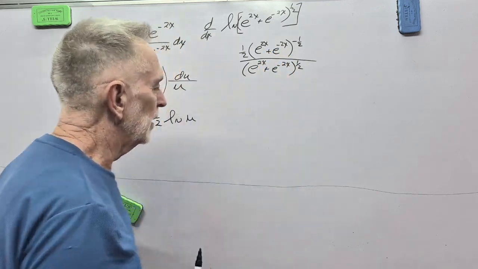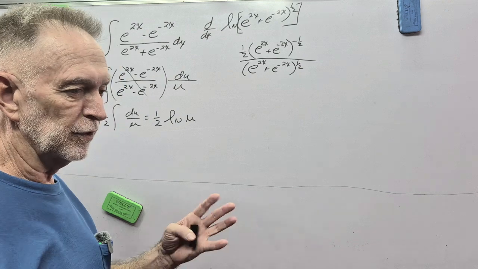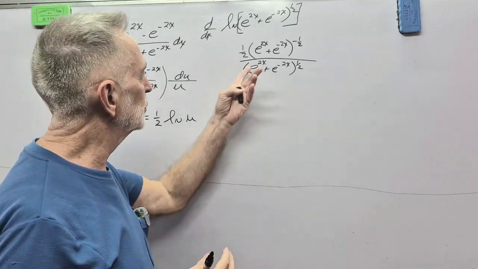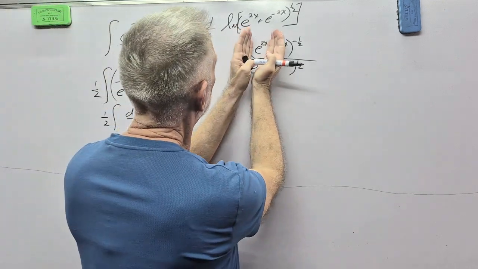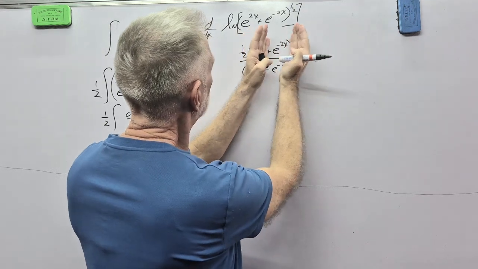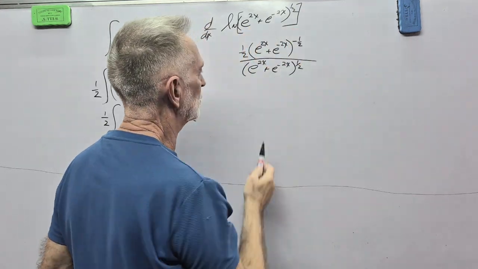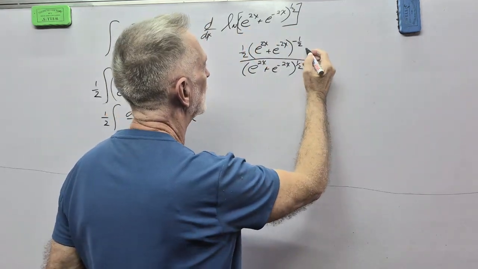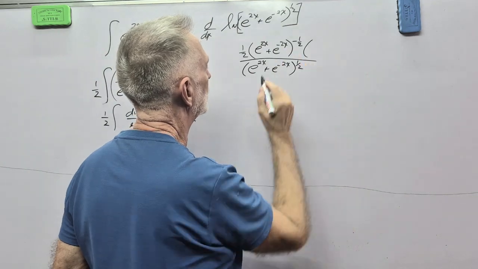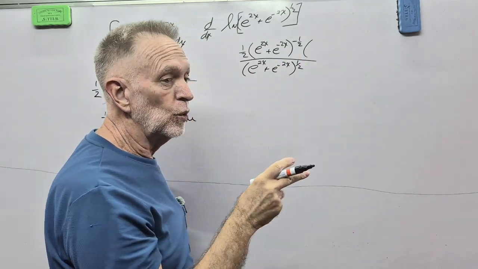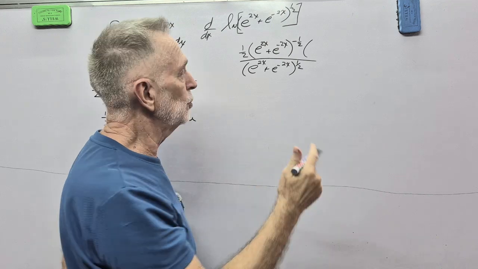Now let's take the derivative of the inside. There's the sum rule when you're taking derivatives: I can take the derivative of this piece plus the derivative of the other piece. The derivative of e to the u is e to the u du.